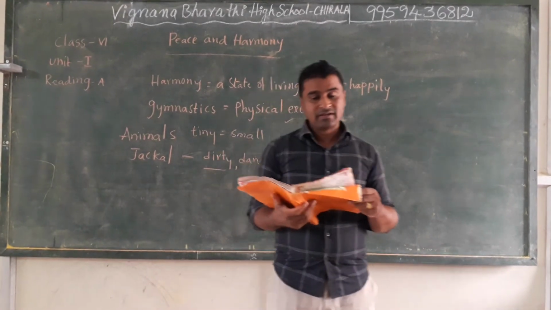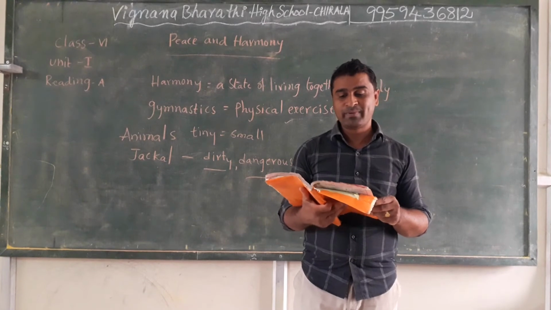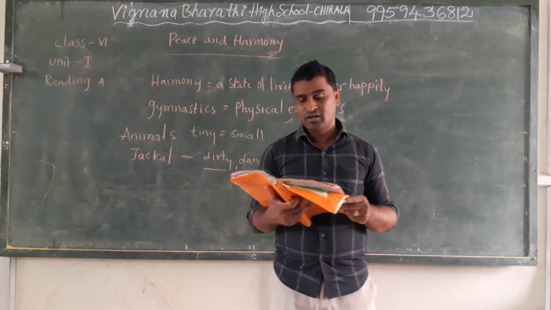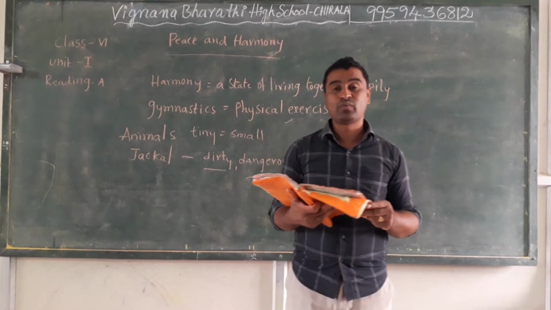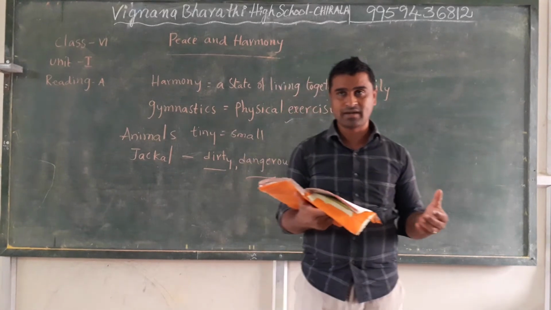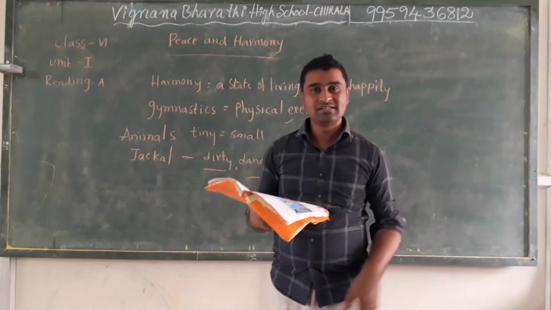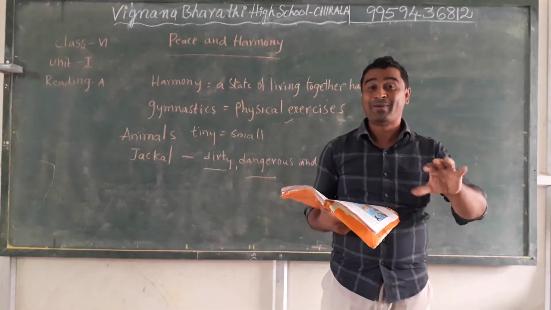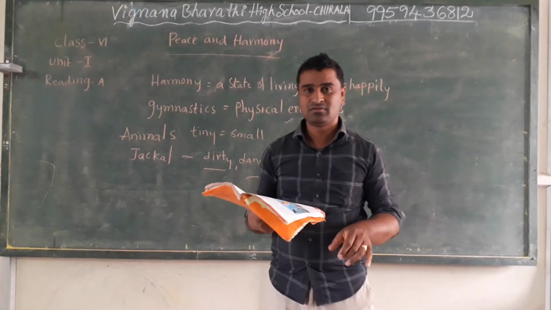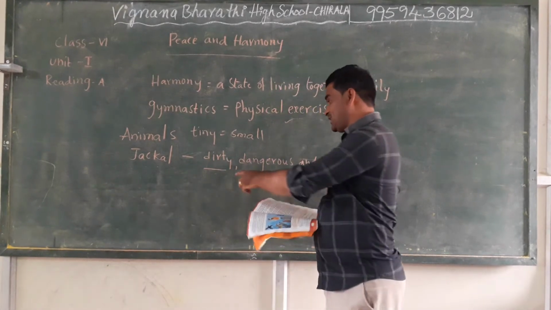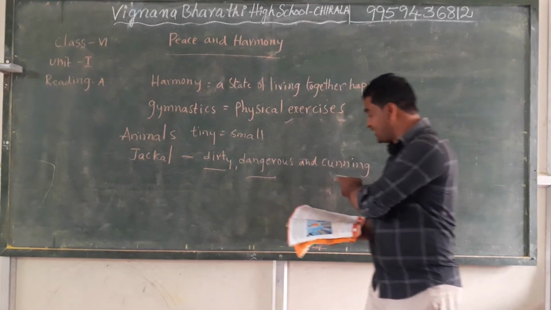Next, what happened? He told the elephants, "You are the biggest animals in the forest. Why do you want to play with the squirrels and the rabbits?" So here this jackal is spoiling the minds of the animals. The jackal came, he was dirty, dangerous also, a cunning animal also.